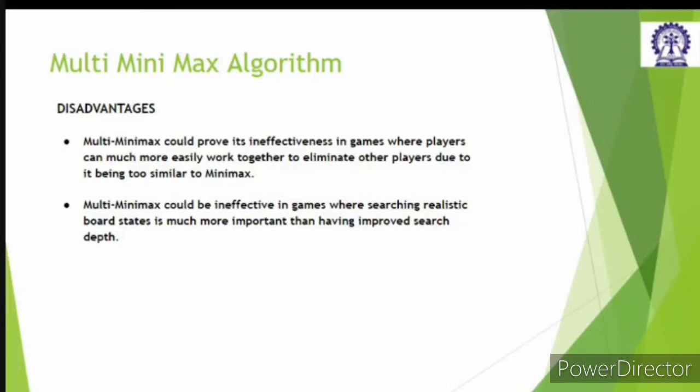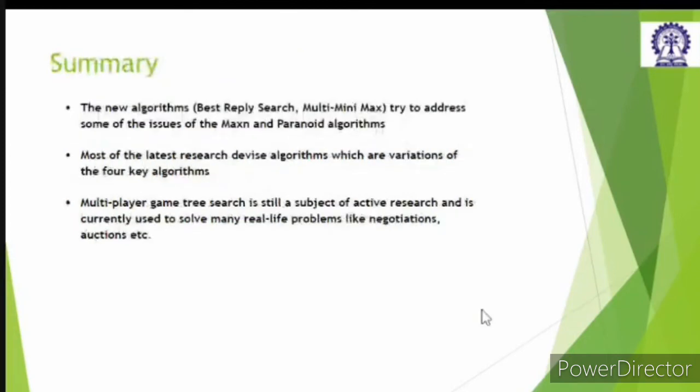Multi-minimax could prove its ineffectiveness in games where players can much more easily work together to eliminate the other players, due to it being too similar to Minimax. Again, multi-minimax could be ineffective in games where searching realistic board states is much more important than having improved search depth.